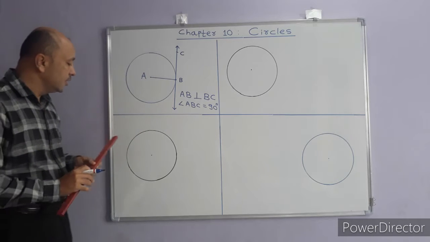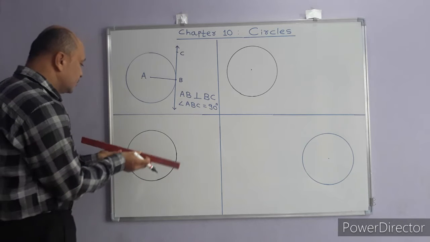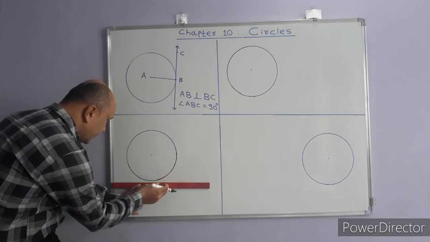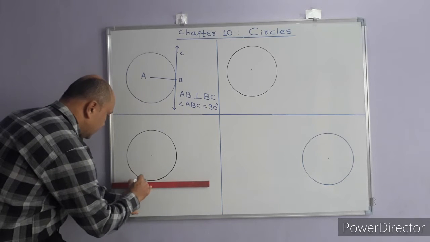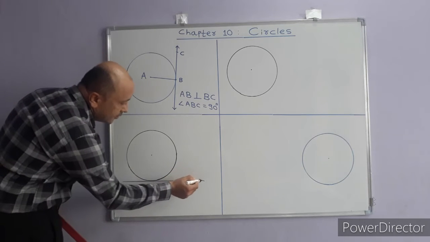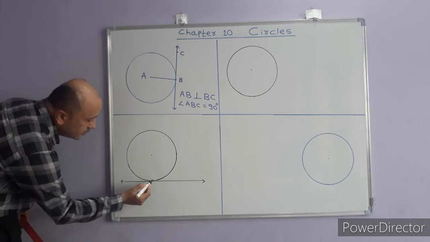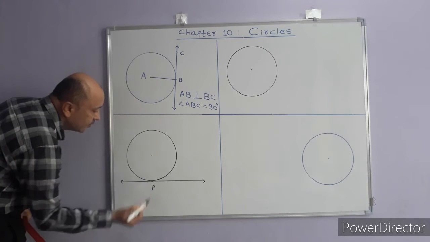Okay, so similarly, students, we can draw a tangent here. Suppose the tangent is drawn here. So this is the tangent, then this is a point of contact. Say for example P is the point of contact.